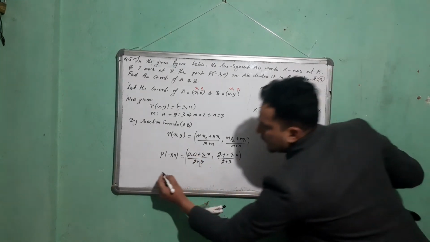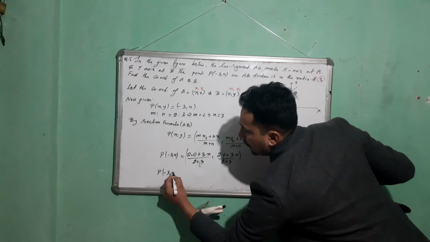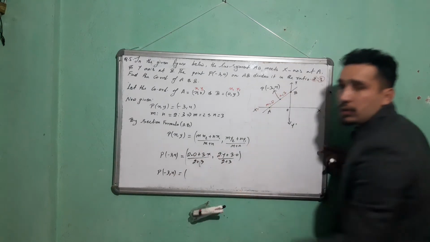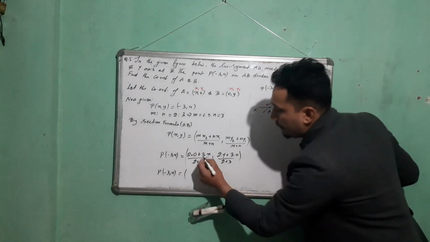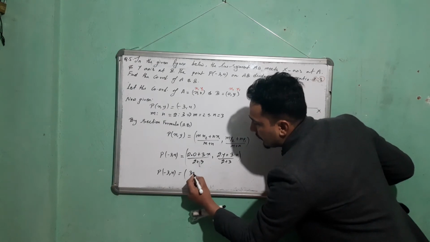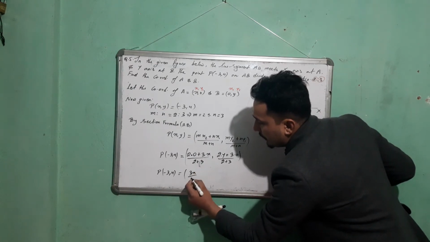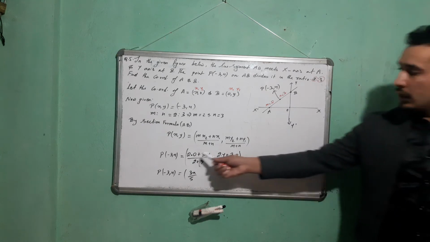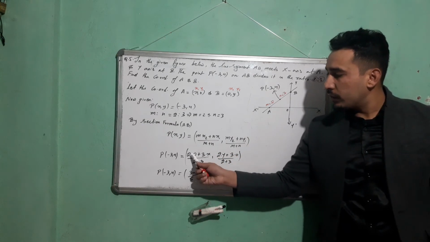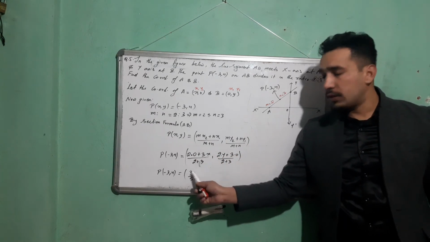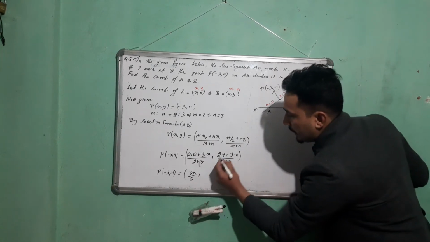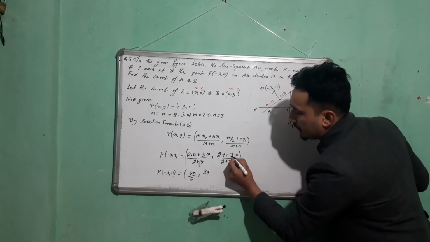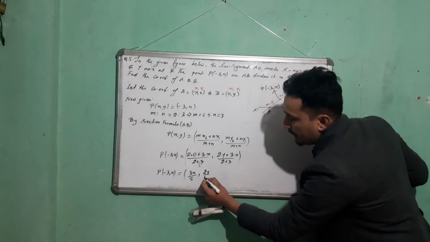Let's simplify. Minus 3 comma 4 is equal to 2 into 0 is 0, plus 3 into x is 3x, divided by 5, comma 2 into y is 2y, plus 3 into 0 is 0, divided by 5.